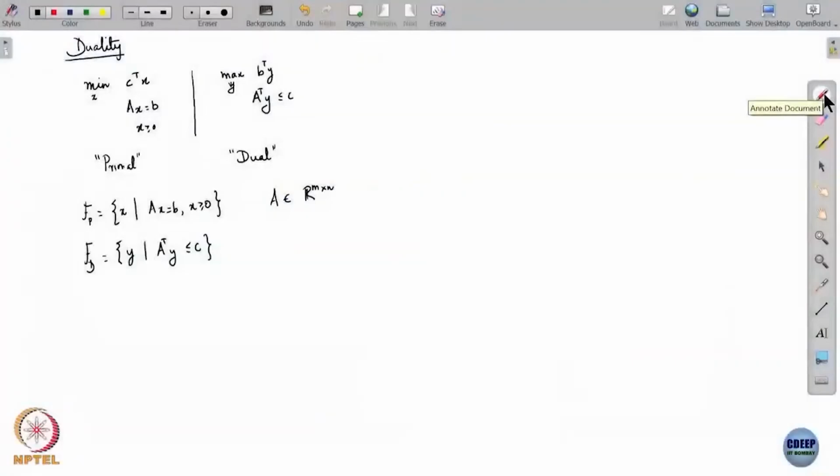I will show you this. Let us make the first observation here. Suppose x belongs to this set Fp and y belongs to the set Fd. Now, look at the value c transpose x.